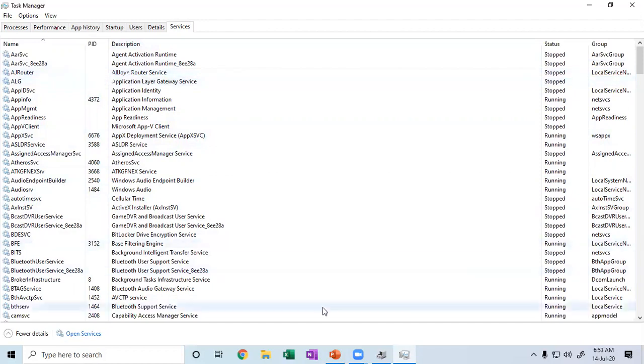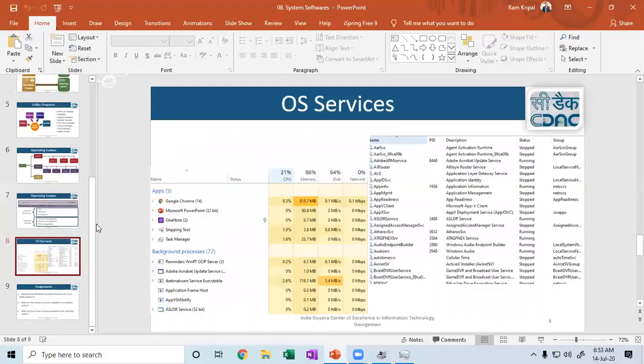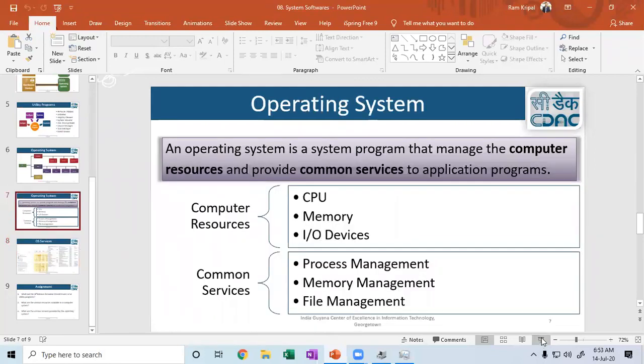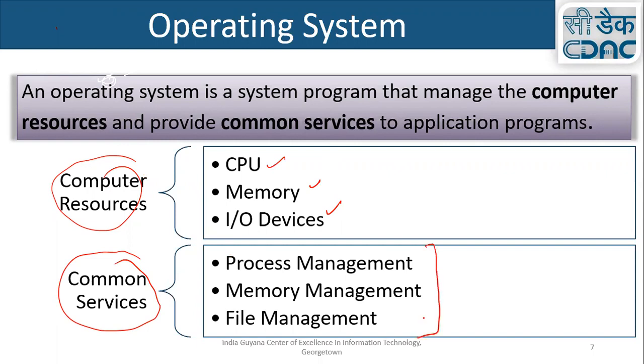So these are the different things I am mentioning here on this slide. You have some computer resources like CPU, memory, and IO devices, and your operating system provides some common services to application programs.